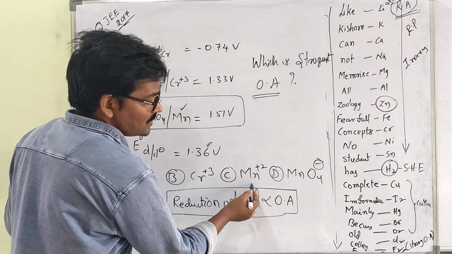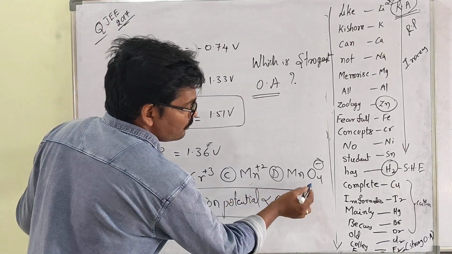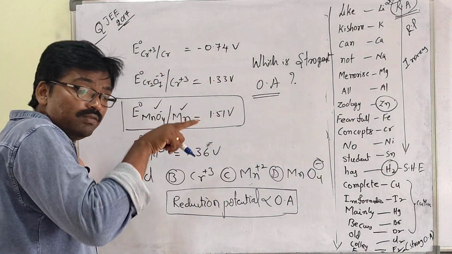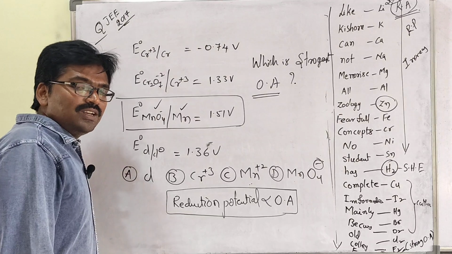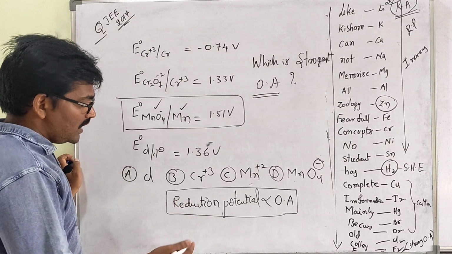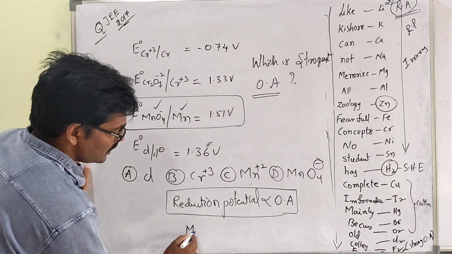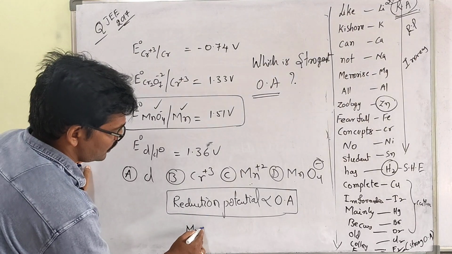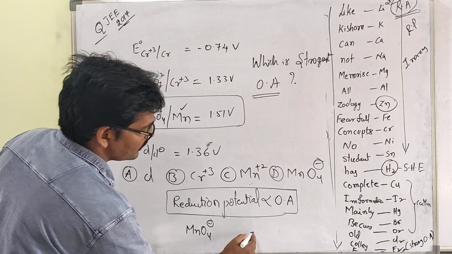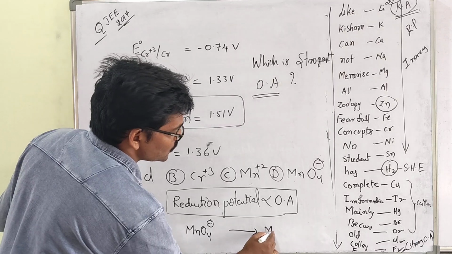Then again you may have a doubt: manganese, Mn plus 2 and MnO4 minus are there, which is the oxidizing agent? To know this, first note the equation: MnO4 minus to Mn plus 2.